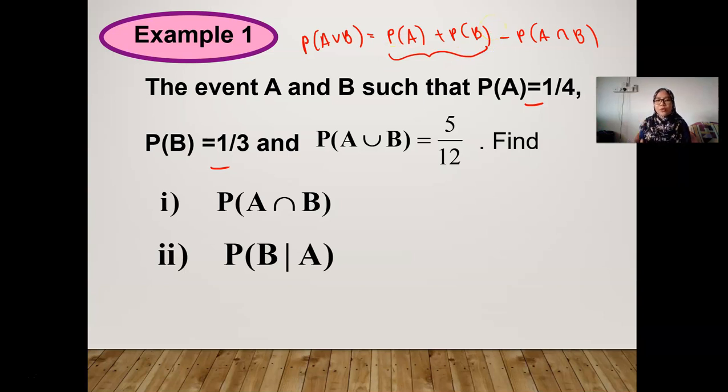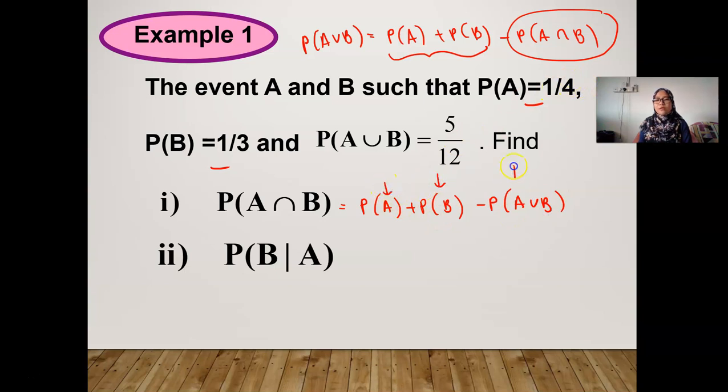So when you rearrange it, P(A intersect B) is given by P(A) plus P(B) minus P(A union B). So you just substitute the values of P(A) and P(B) and find the value of P(A intersect B).